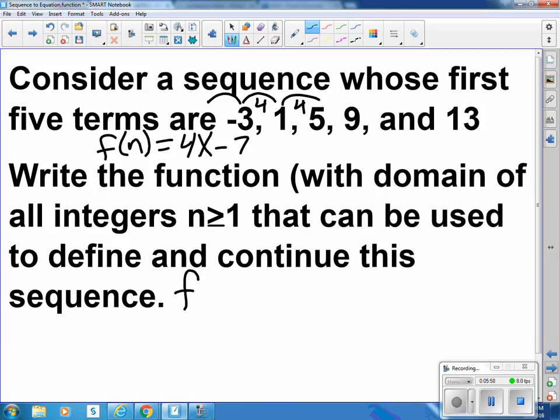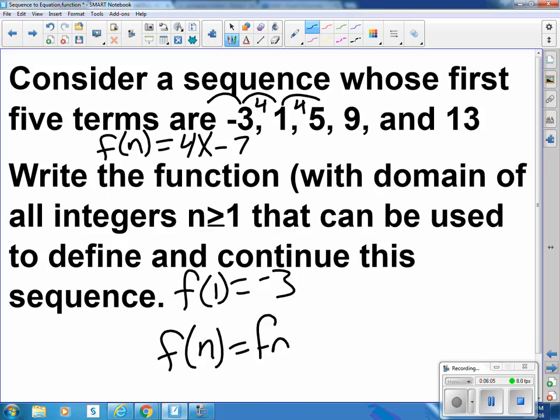Or I could say f of 1 equals negative 3, and f of n equals f of n minus 1, the one before it, plus 4. I add 4 to the one before it to get the next one.